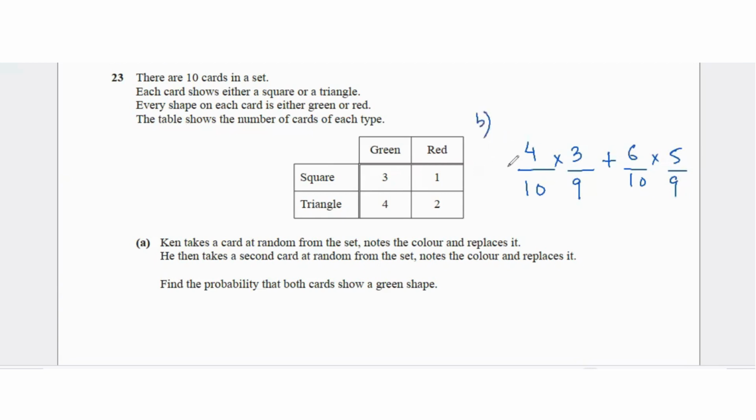That is for part B. So that would be 12 over 90 plus 30 over 90, which is going to be 42 over 90. That is your answer.